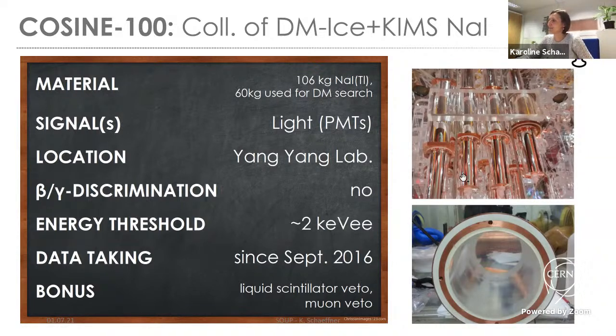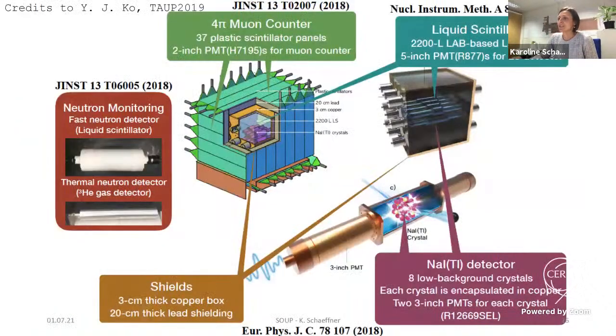Here you see a picture of their setup. Again, just the sodium iodide crystals in copper containers paired with the phototubes. And here you see a photo close to such a crystal, which has quite good optical quality. Their setup is shown here. We have inside, again, the crystals. They are immersed in a liquid scintillator.